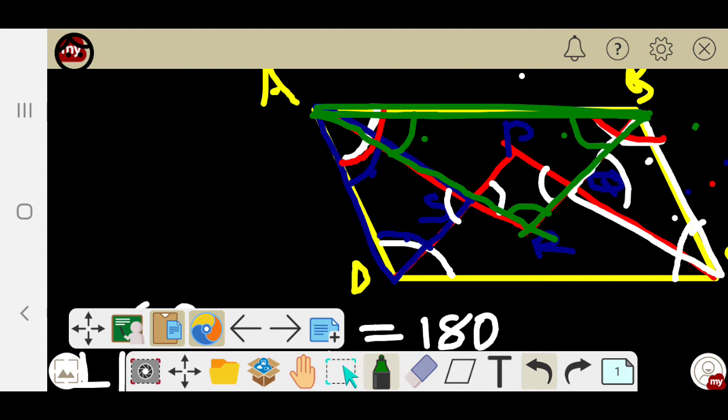Same way, if you consider the triangle DPC, these two will be 90, so the remaining P also will be 90.